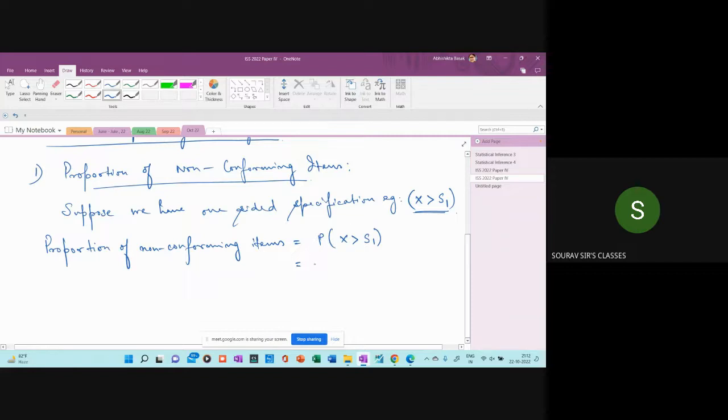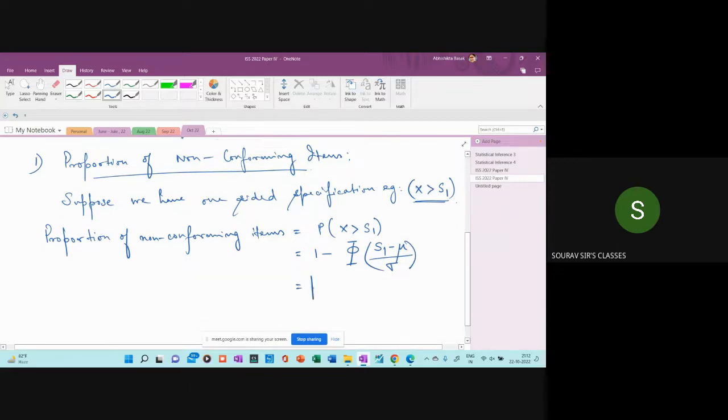So that can be written as 1 minus capital phi of (S1 minus mu) by sigma, assuming that x follows normal, and that is denoted by small p, say.